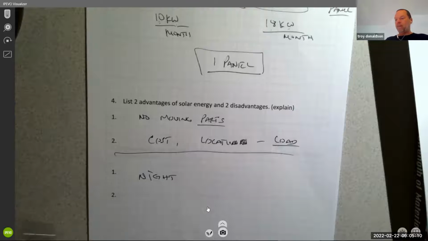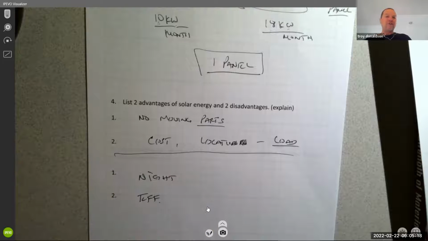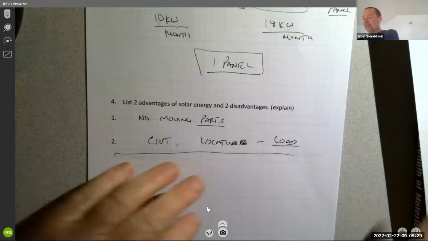So solar night is a problem for sure. Efficiency. They're still just not very efficient. We're not capturing that much energy where there's a whole bunch more available. And then of course, storage is always a problem. So yeah, I'll look at what you got.